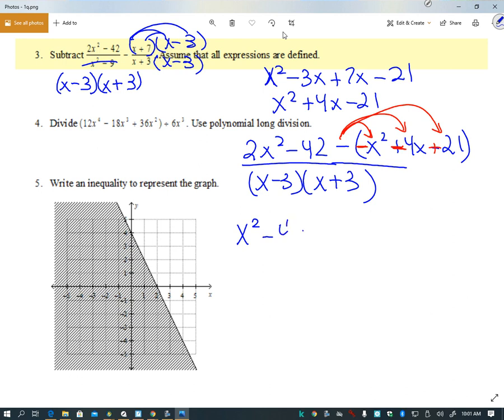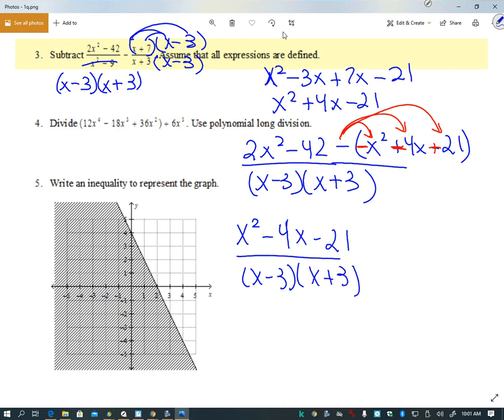Okay, so it's just minus 4x. So now we have negative 42 plus 21. Minus 21, right? Because negative 42 plus 21 is still negative 21. Okay, all that's still over x minus 3, x plus 3.